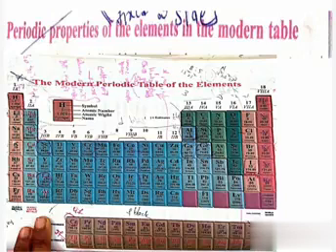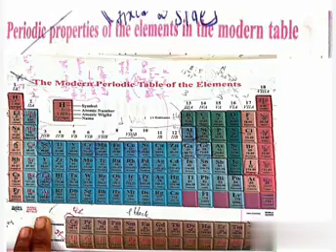Okay. To understand this, we will take some properties of elements and discuss how they vary in groups and periods. Okay. So I said, in a group all the elements have the same outermost configuration. But in a period, when we are going from left to right, the atomic number is increasing and its electronic configuration is also not the same. That's why they have different physical and chemical properties.